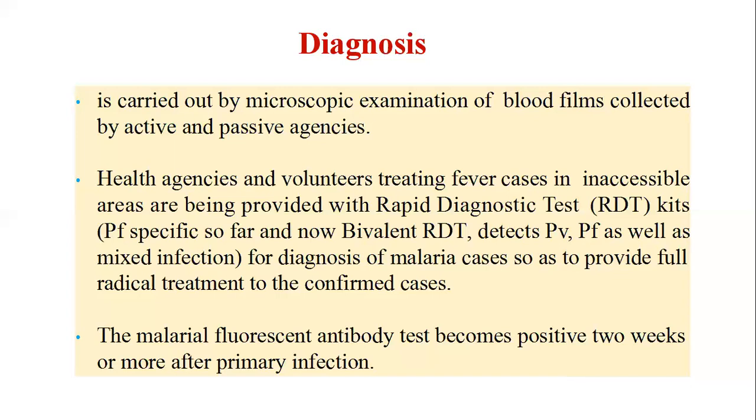This is the drawback: after primary infection you have to wait for at least 2 weeks. Only then will you have a sufficient amount of antigen present in the blood. Then you can go for the malaria-specific fluorescent antibody testing, and you will definitely get the result. This can be used as a confirmatory test for the diagnosis of malaria.